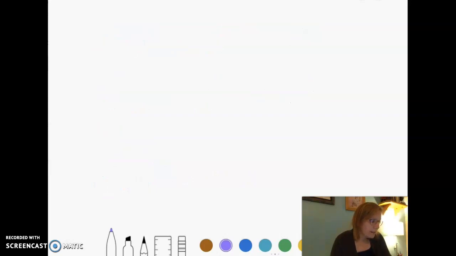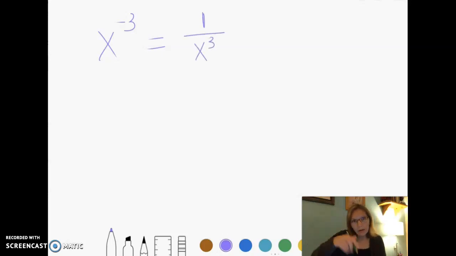And the second to the last thing, sorry. Negative exponents, remember, if I have something like that, I need to get rid of the negative by putting a 1 on top, move that exponent to the bottom, and the negative goes away.